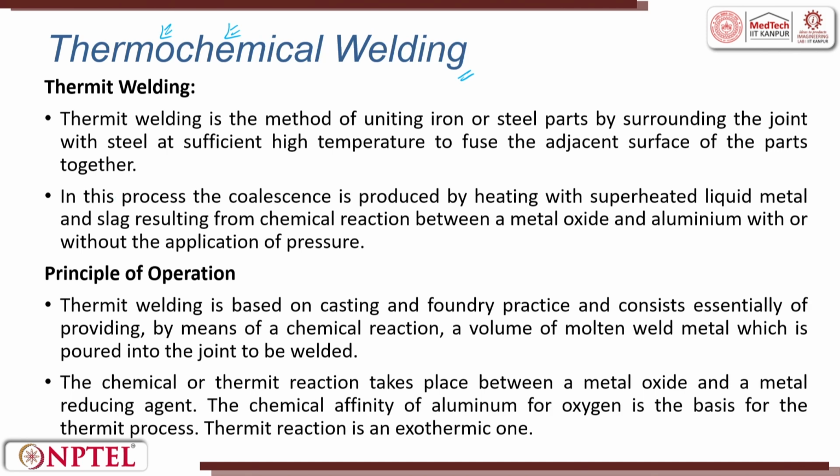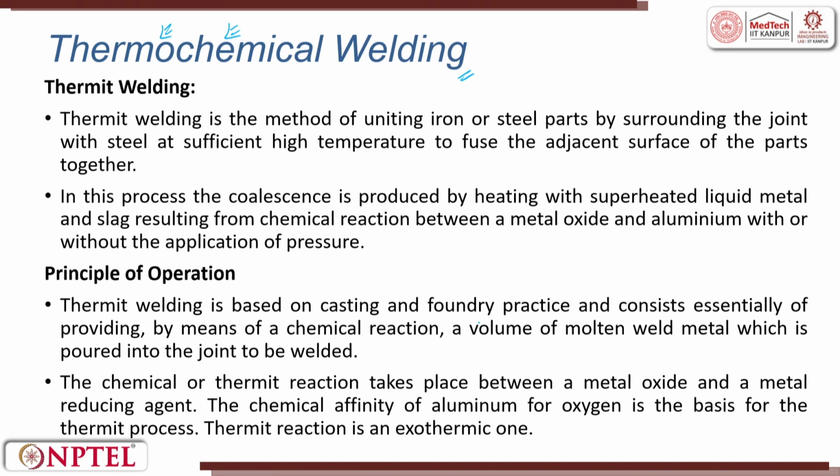Here the chemical components are mixed, you bring the two metals together, there is a reaction and this reaction forms the joining. Thermit welding is based on casting and forging practice and consists essentially of providing by means of chemical reaction a volume of molten weld metal which is poured into the joint.